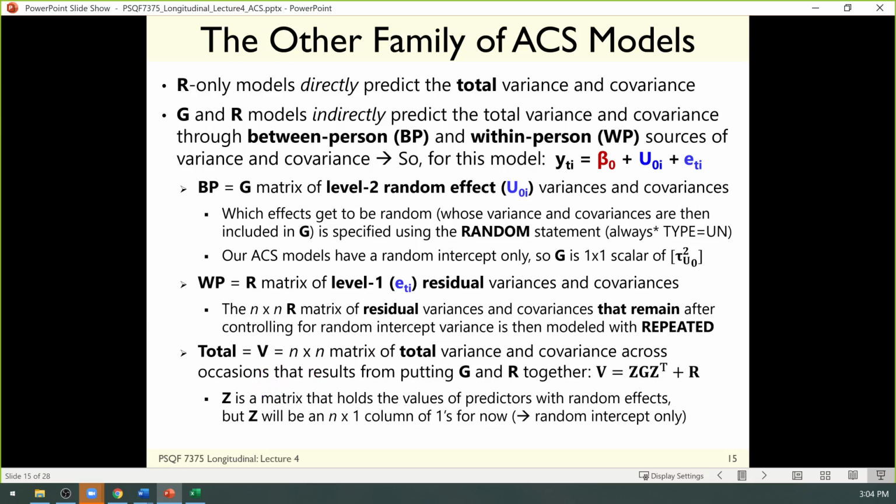So adding to your list, level 2, between person, mean differences due to a random intercept live in the G matrix.